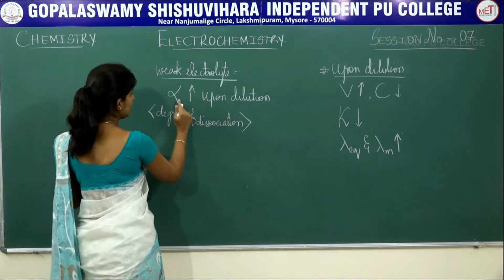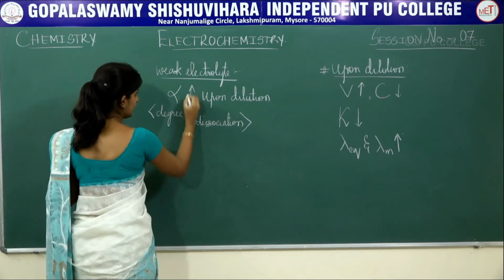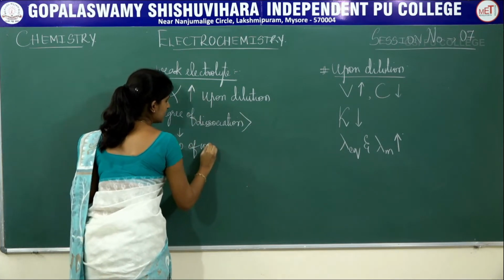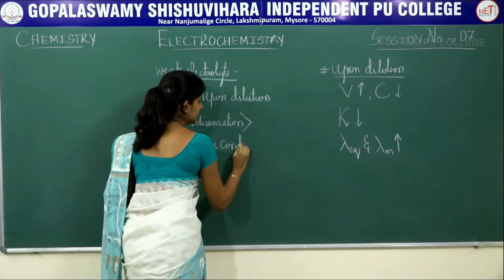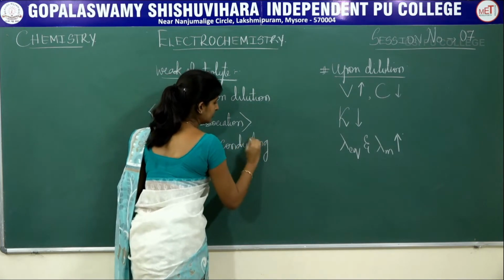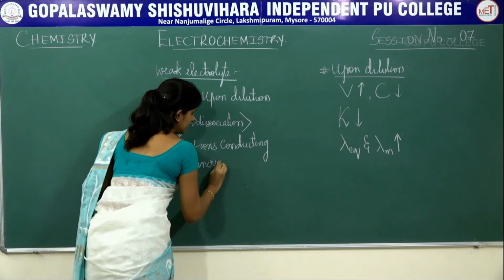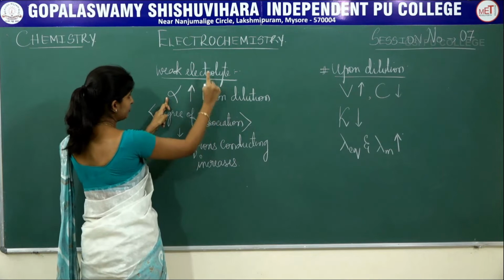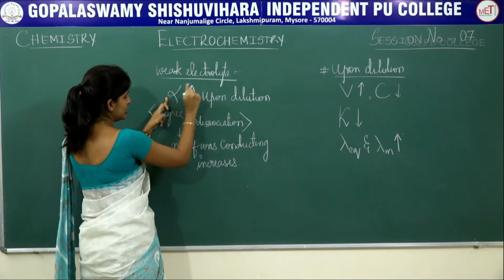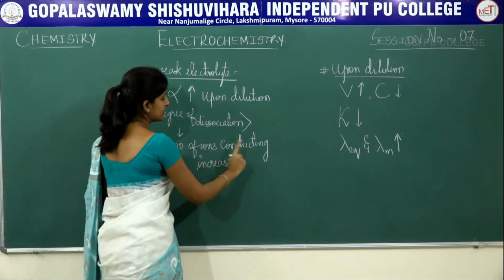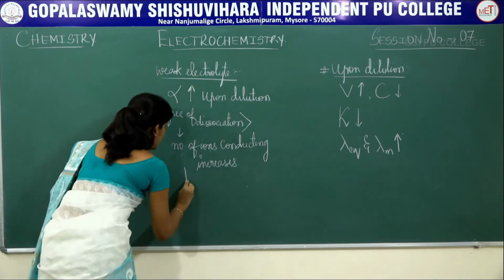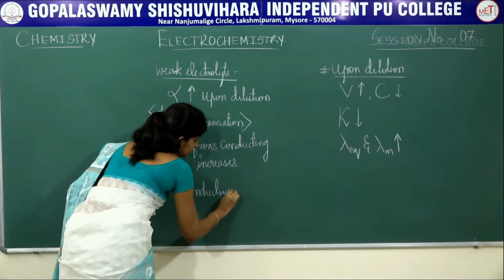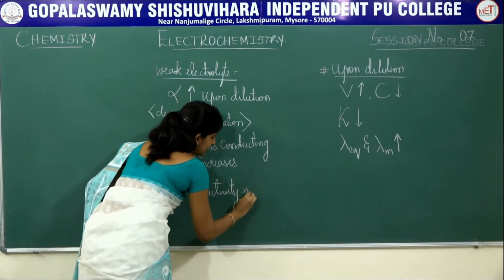So upon dilution, the degree of dissociation increases, which means that the number of ions conducting increases. So remember, upon dilution for a weak electrolyte, the degree of dissociation increases. As a result, the number of ions conducting increases, and hence the conductivity increases.